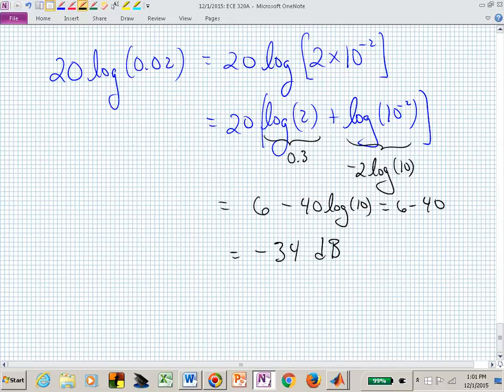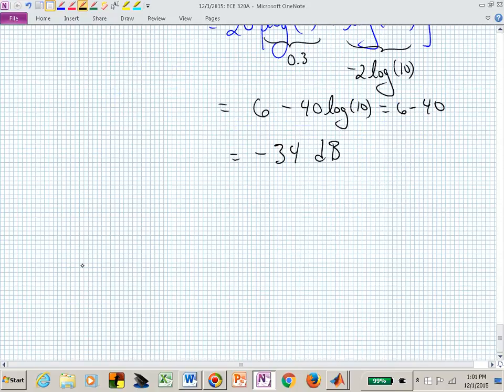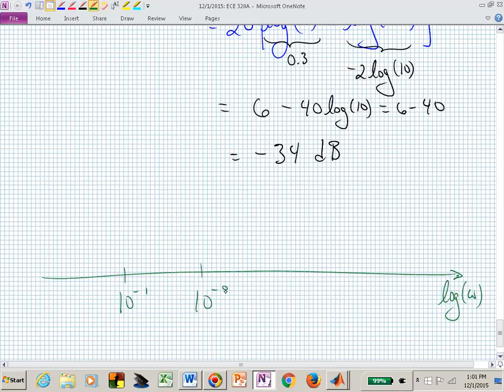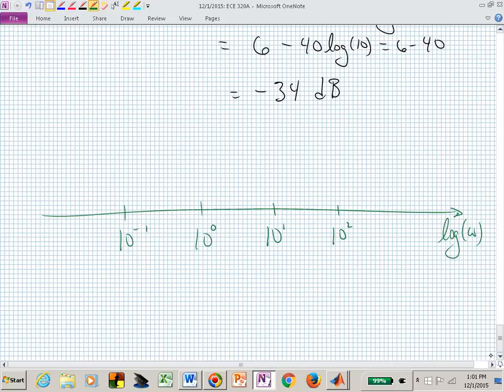If we now sketch that as a function of frequency, and this is really log of omega, now we have 10 to the minus 1, 10 to the 0, which is 1, 10, 100, etc. And this is now the magnitude in dB of this first term.